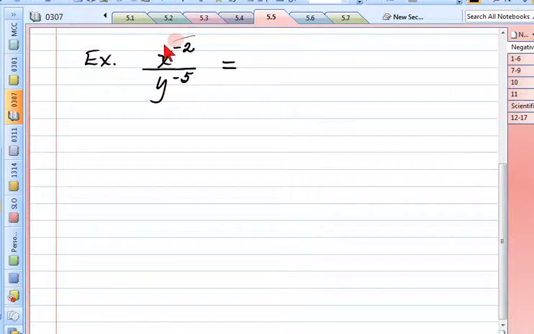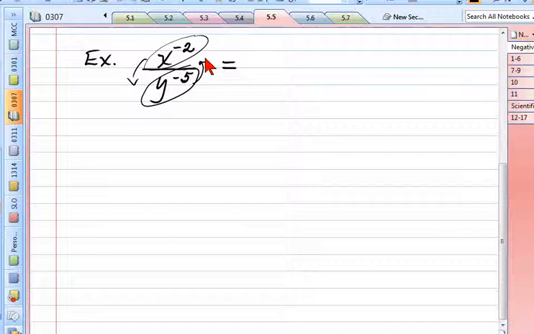And I look at this, what does a negative exponent say to do with that base? Move it. But this base had a negative exponent also. So it says, move me also. I haven't shown this until right now. A negative exponent will become a positive exponent if you move its base across the fraction line, top to bottom or bottom to top.